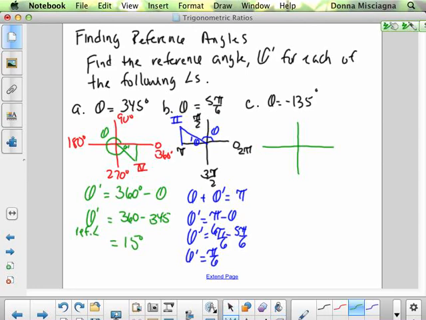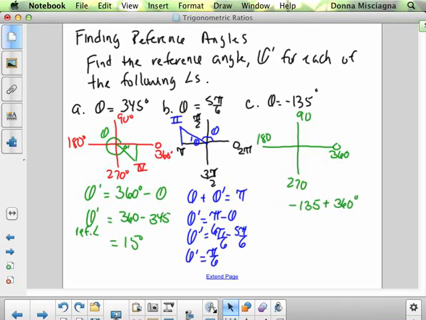135 degrees. First of all, let's label this 0, 90, 180, and 270, and up to 360. All right, so first of all, we need a positive angle because our angle is negative. If I take negative 135 and add 360 degrees, we will have a coterminal angle.